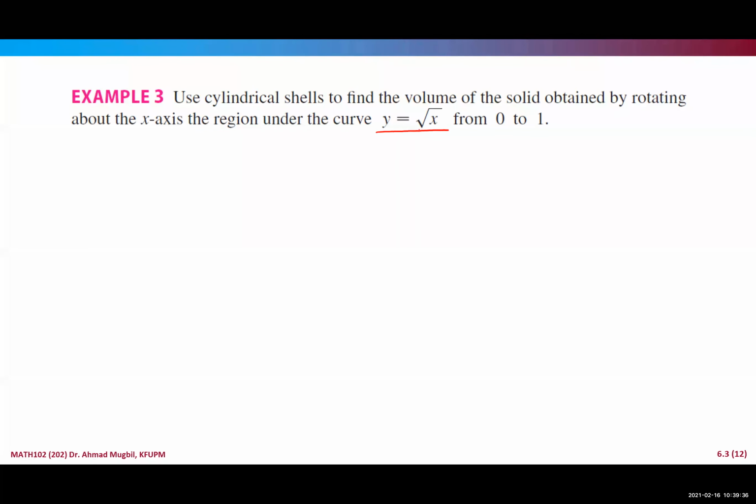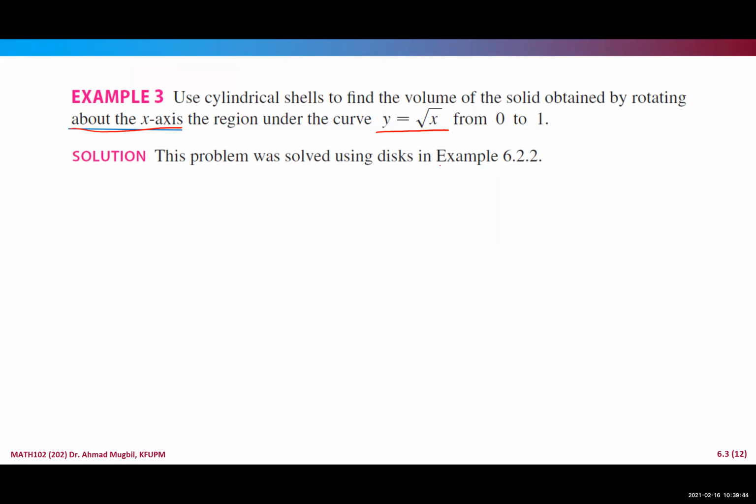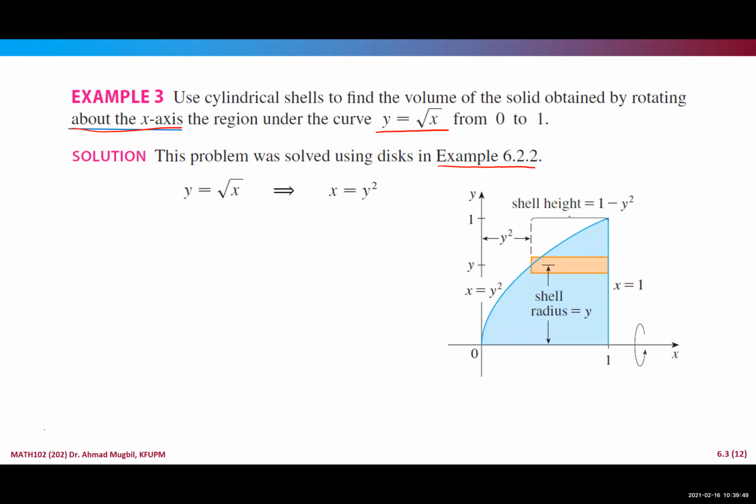Here we have another example: y equals square root of x from 0 to 1 about the x-axis. This is your region. This is, by the way, the same example that we had in 6.2, example number 2. What is the region? Here it is. This is y equals square root of x from 0 to 1. Now, if you want to use the shells method, what is the axis of rotation? It is the x-axis.